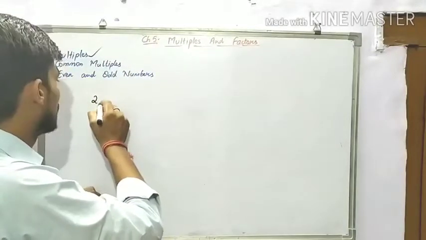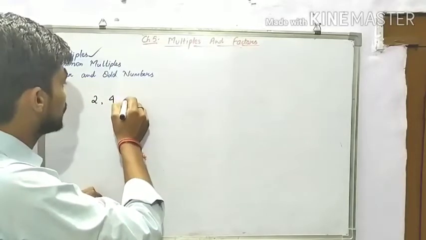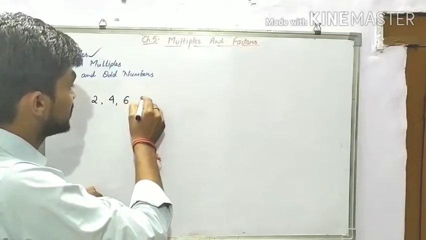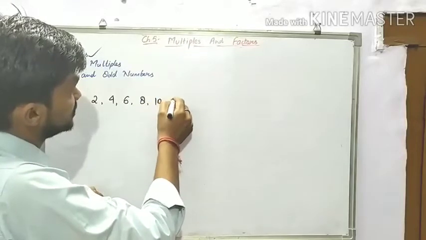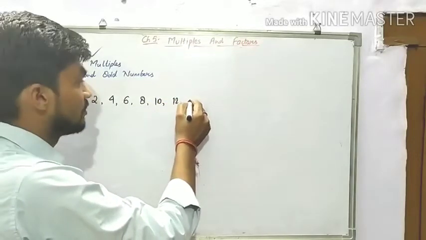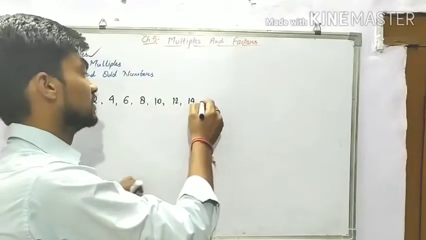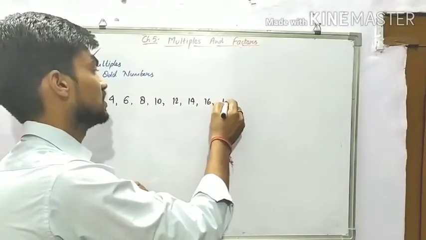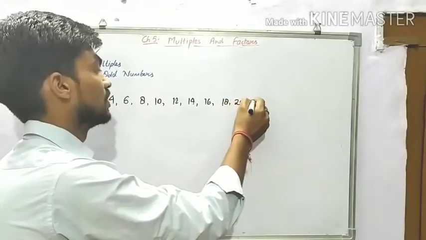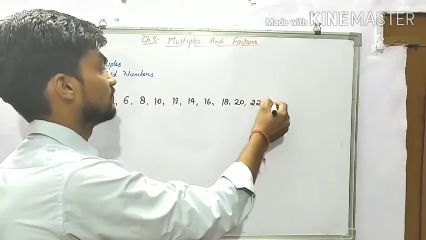Table of 2. 2 1 ja 2, 2 2 ja 4, 2 3 ja 6, 2 4 ja 8, 2 5 ja 10, 2 6 ja 12, 2 7 ja 14, 2 8 ja 16, 2 9 ja 18, 2 10 ja 20, 22, 24.